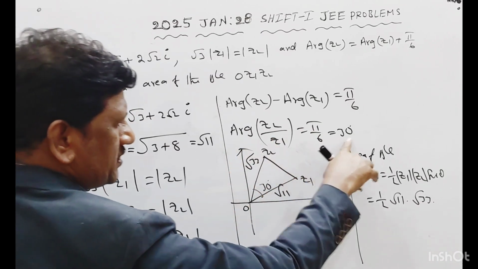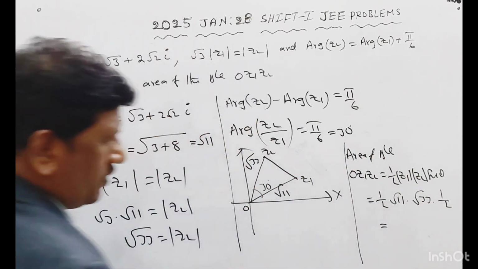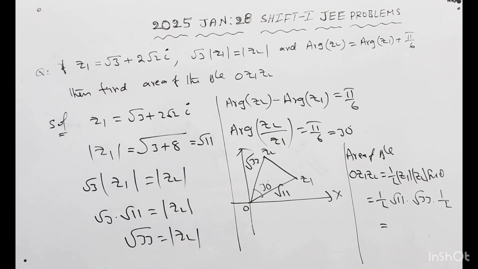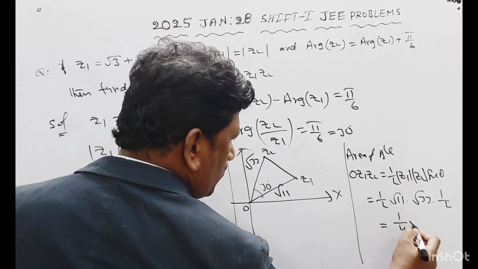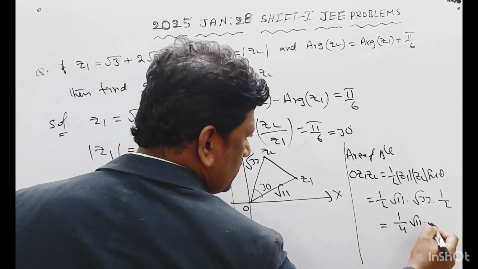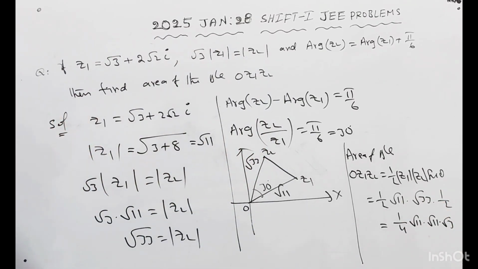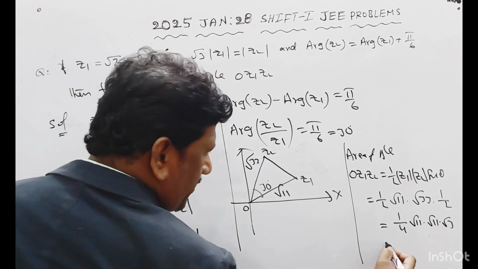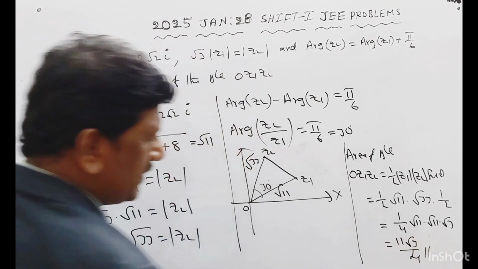Here it is 30, so sine 30 is 1 by 2. So this value will be 1 by 4 into root 11 into root 33. Root 33 can be written as root 11 into root 3. Then this can be written as 11 root 3 by 4, which is the area of the triangle.